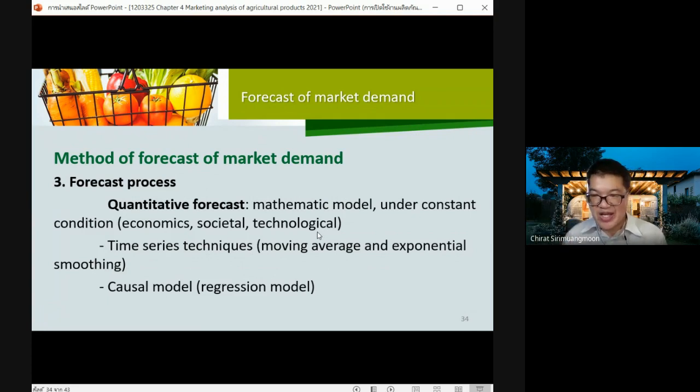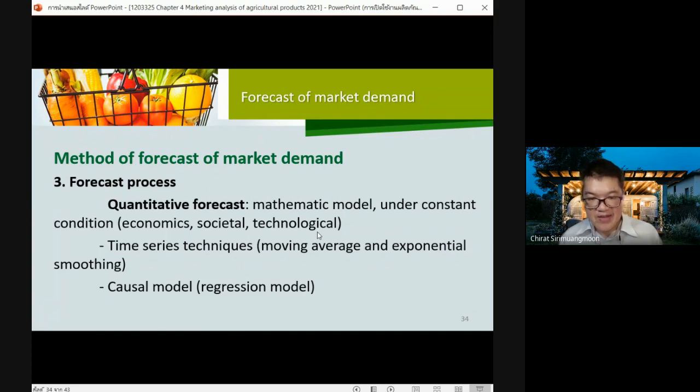For example, plant-based protein. Protein from plants has increased very dramatically. So in this case, you need to use exponential smoothing for dealing with this change. But if you're dealing with normal fruit and vegetables, you might use moving average. And this is the time series technique.